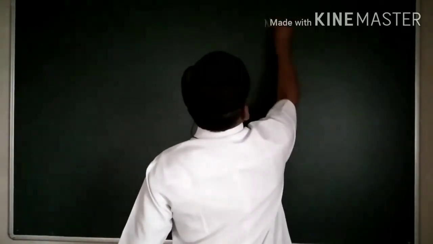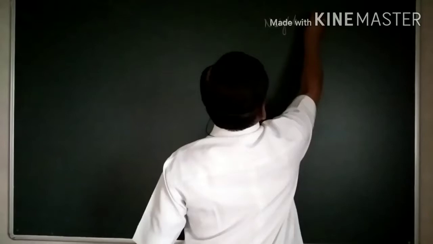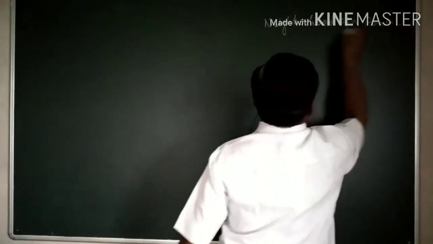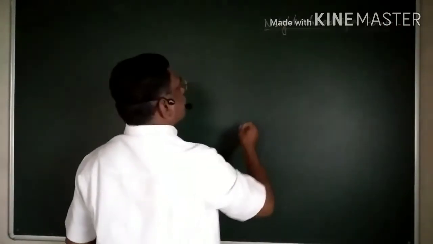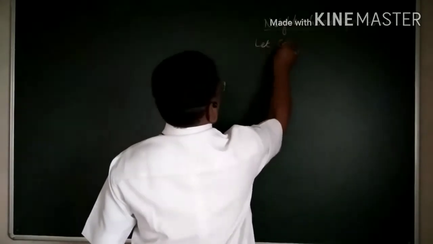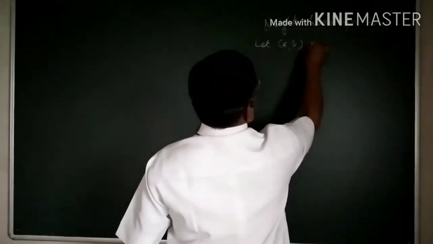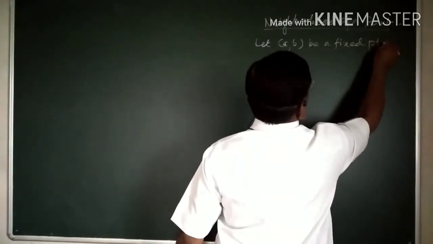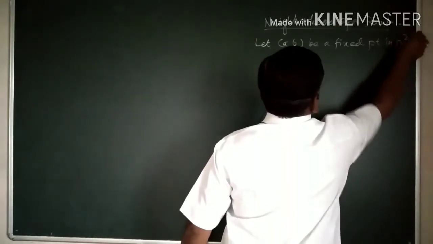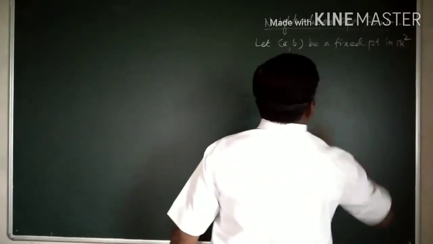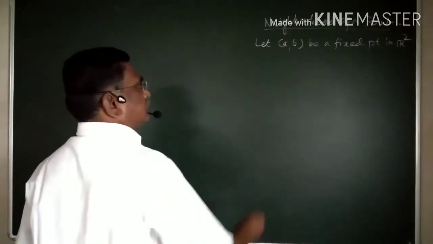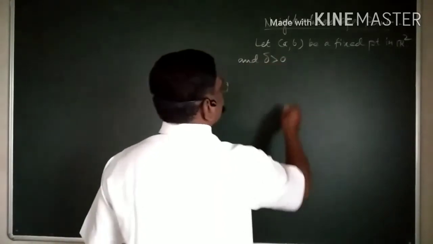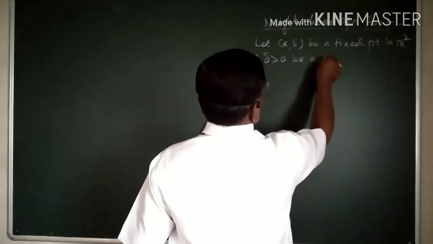neighborhood of a point. Let us define it. Let (a, b) be a fixed point in R2, and delta greater than 0 be a number.